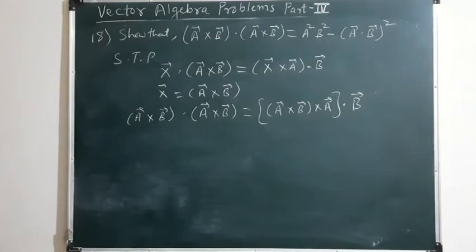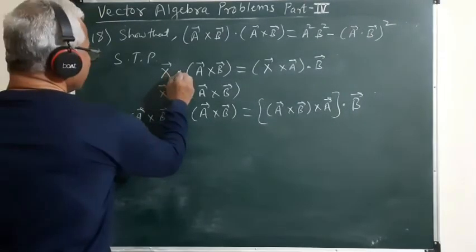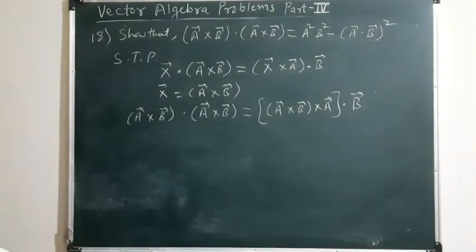So this vector x bar is replaced by a bar cross b bar.